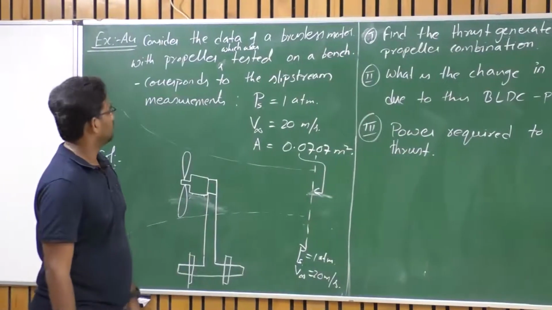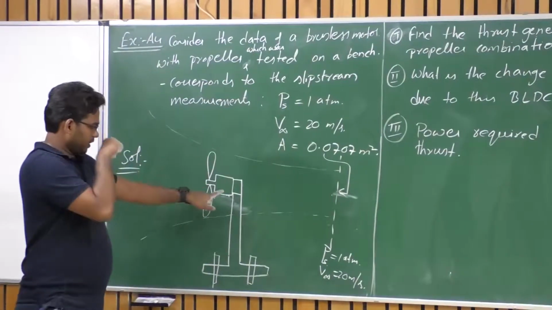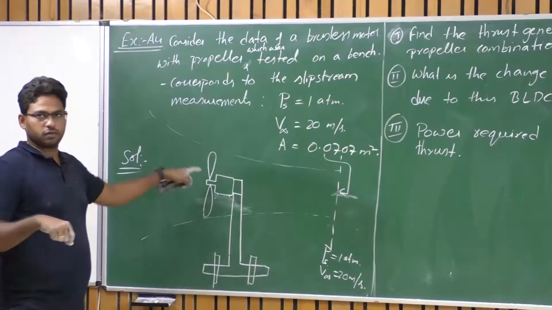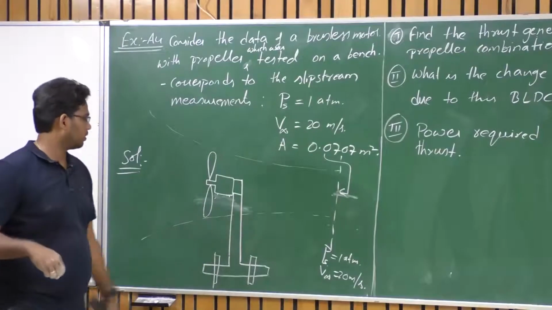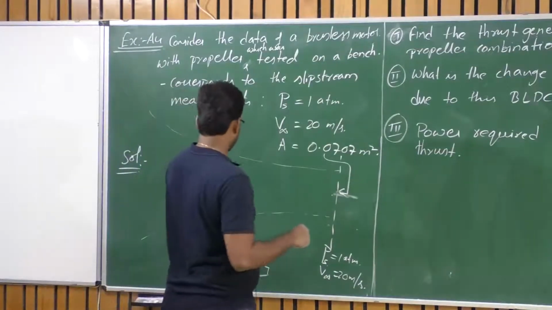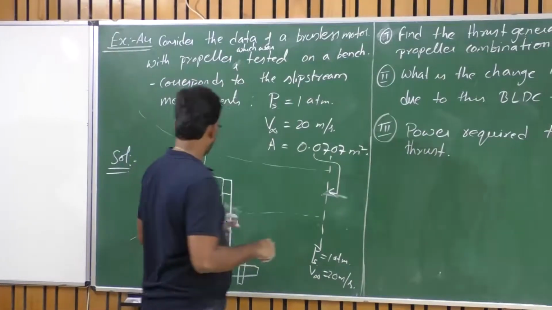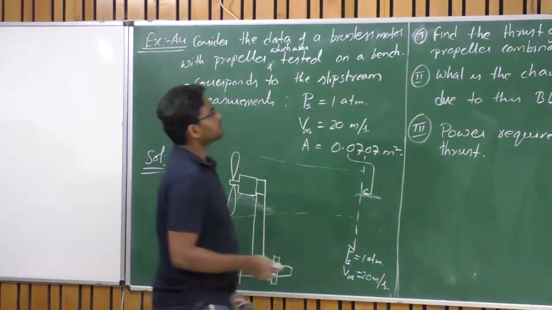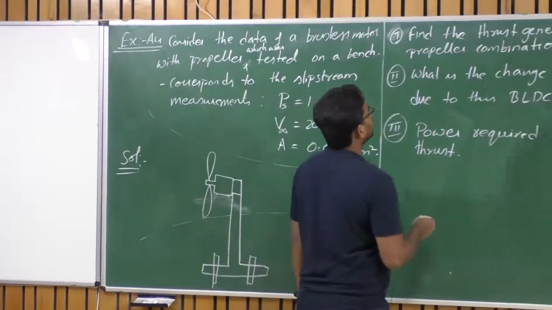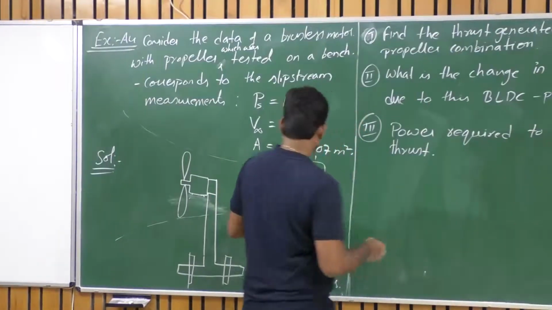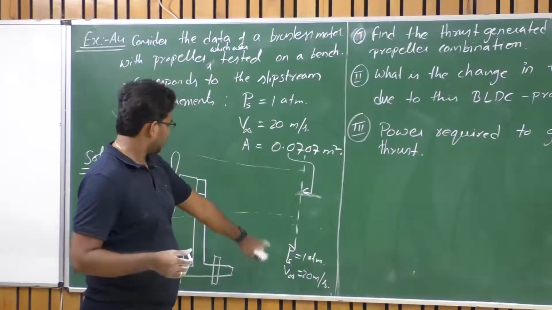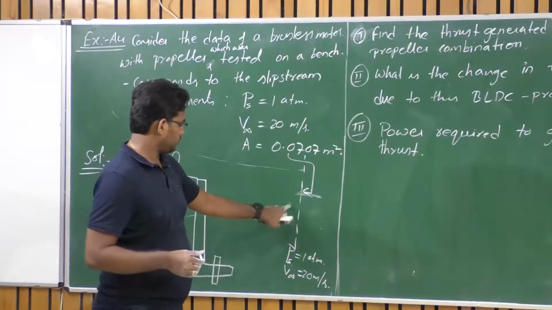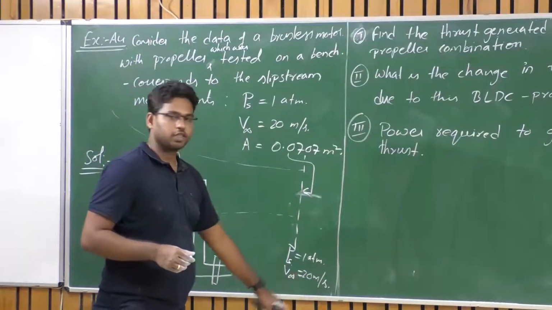Straightforward, right? Let's assume the interference is negligible with the flow. With this attachment and the rest of the setup, let's assume that they are not going to interfere with the flow here. Find the thrust generated by the motor and propeller combination. V at this particular station is about 20 meters per second.